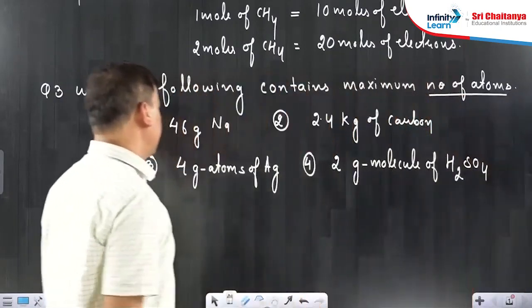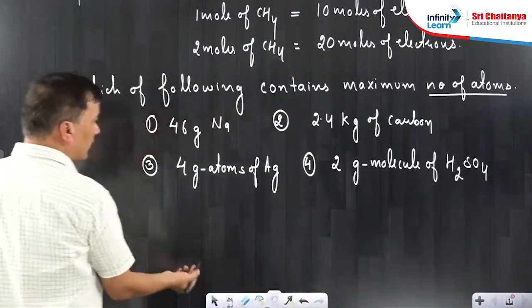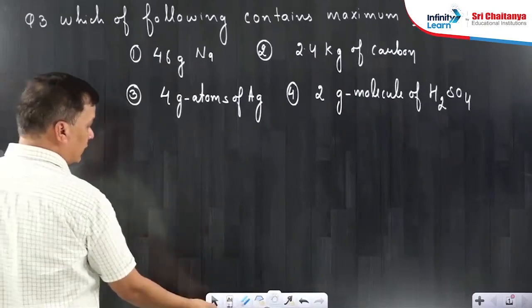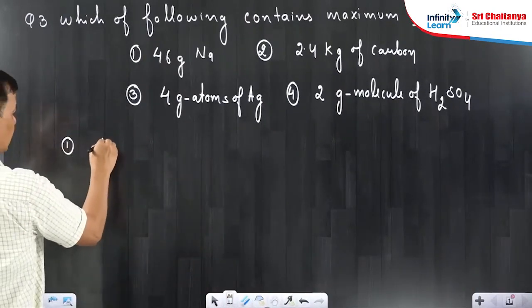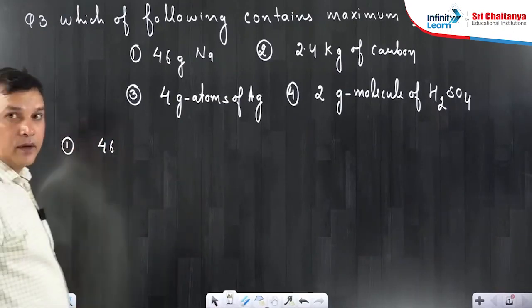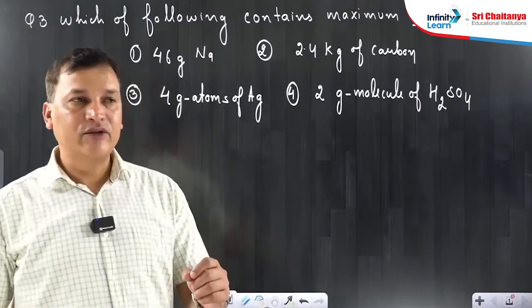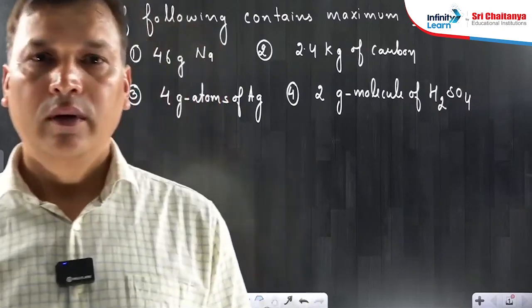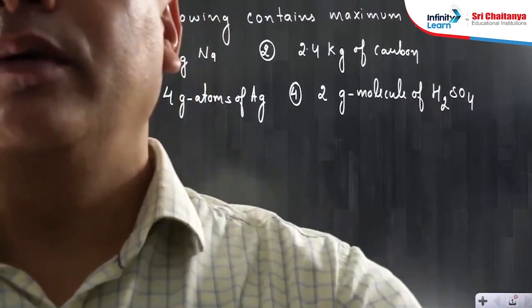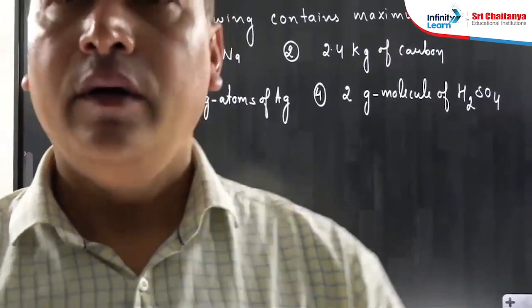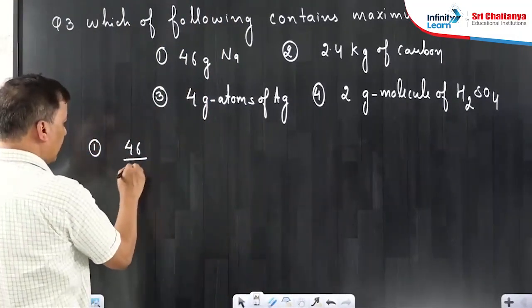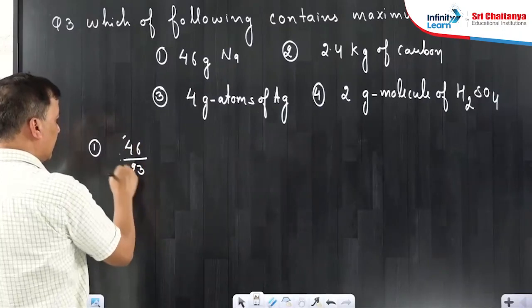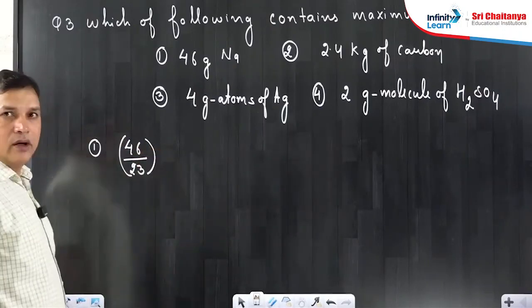So one by one. First of all, in the first option, we are given 46 gram of sodium. First of all, mass has to be converted into number of moles: 46 upon 23. Is it clear or not?